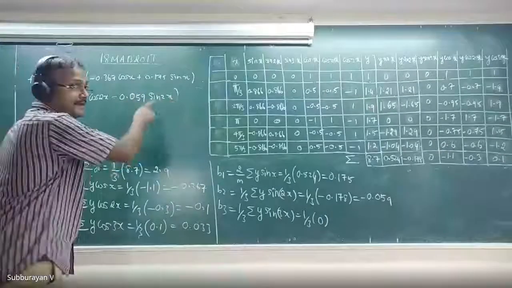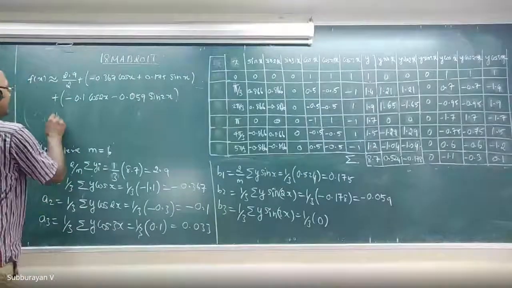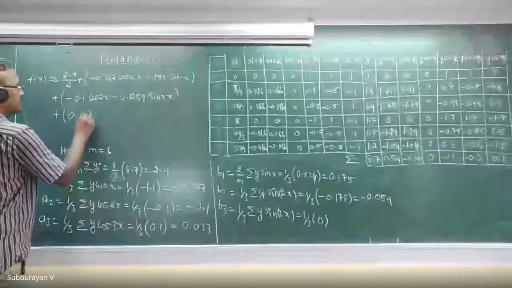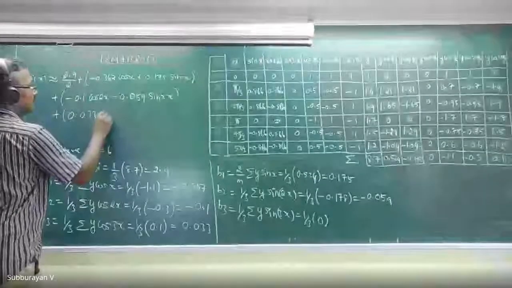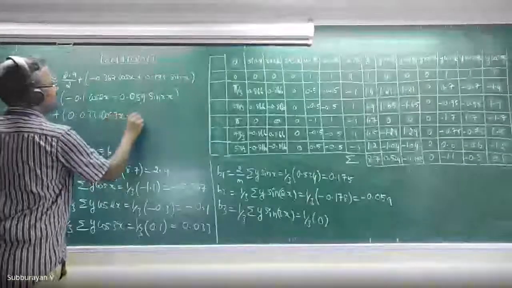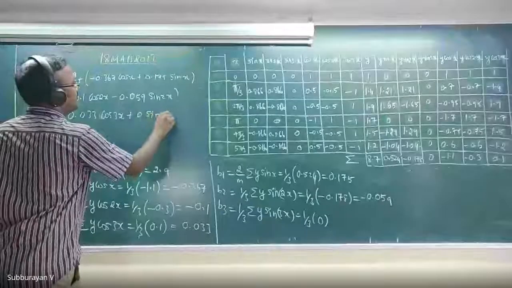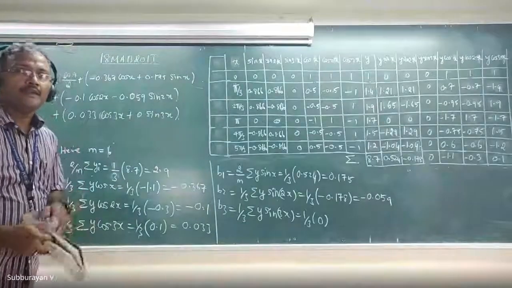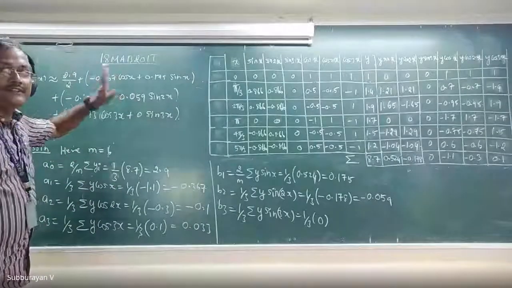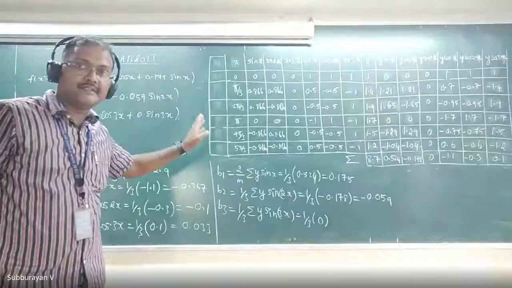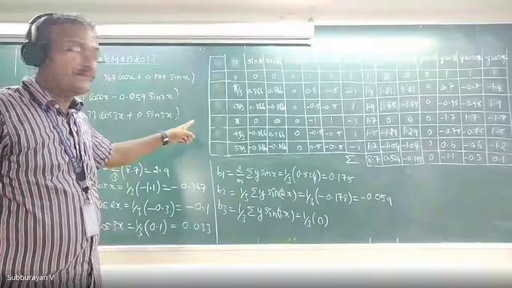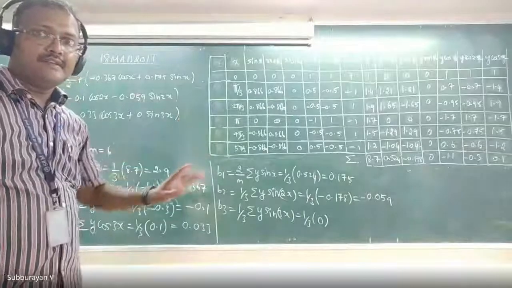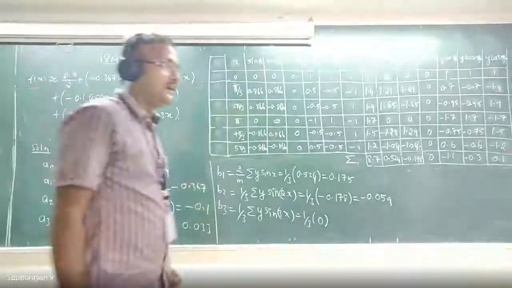This is up to the second harmonic. Okay. Then next step is 0.033 cos 3x plus 0 into sin 3x. So this is up to the third harmonic. This is the Fourier series expansion up to the third harmonic. Okay. So this is the procedure. Is there any doubt? Any doubt?